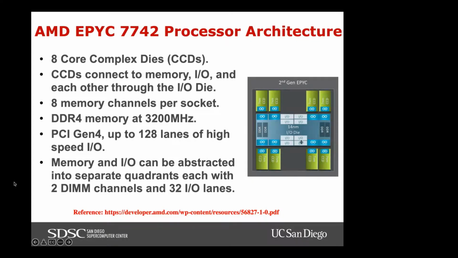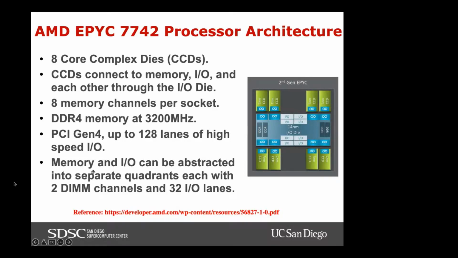And there is an IO die that ties up all these. So there are 8 memory channels per socket, and then each of those channels, you can figure out how you connect these to the CCDs. So that's where the complexity comes in.